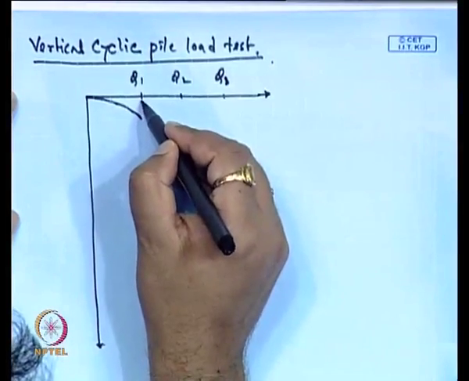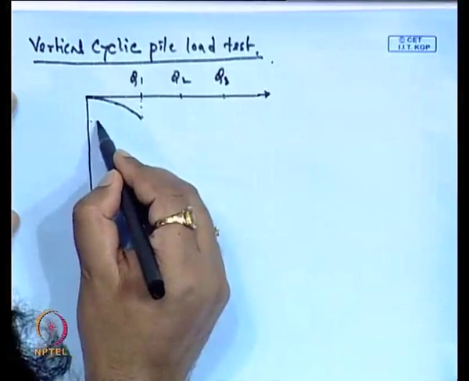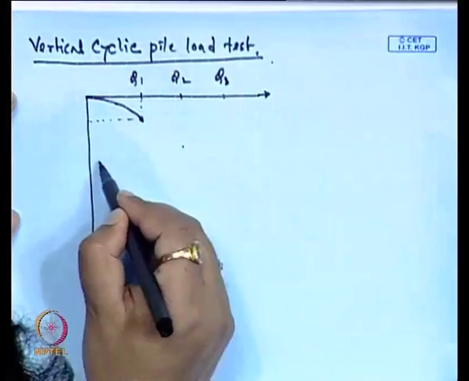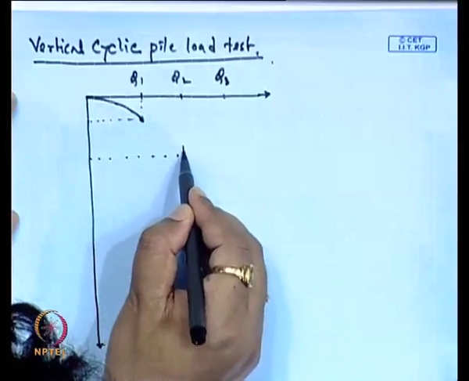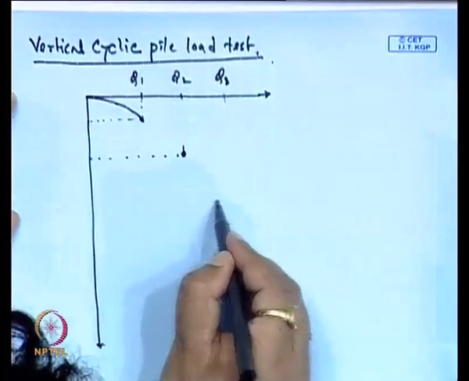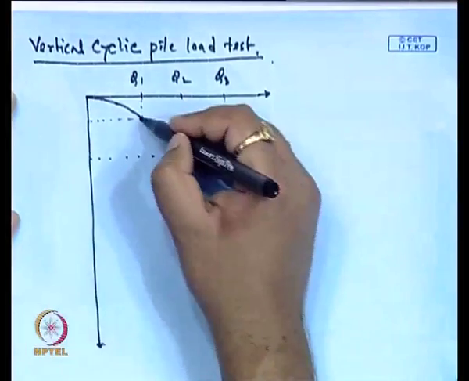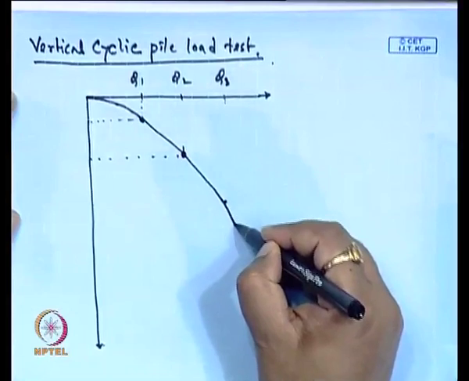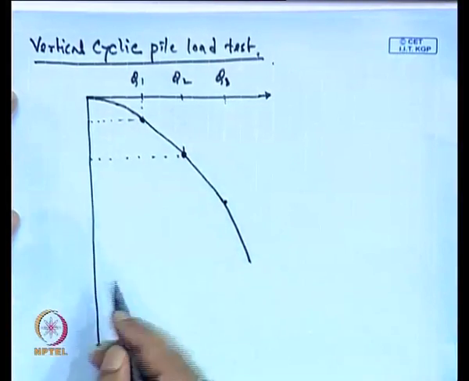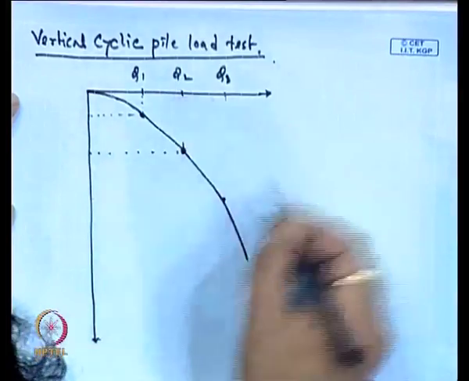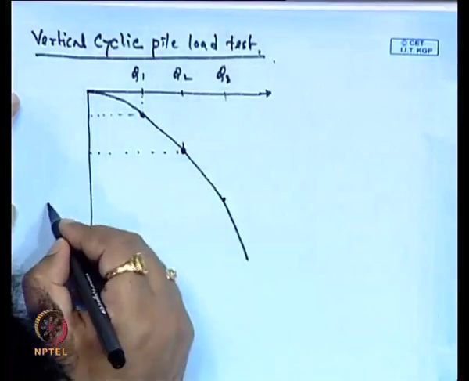Here is the load and the corresponding settlement that we will measure. Similarly, this is another load and its corresponding settlement. If I join these points, this will give us the static pile load test curve, with the load and the settlement.